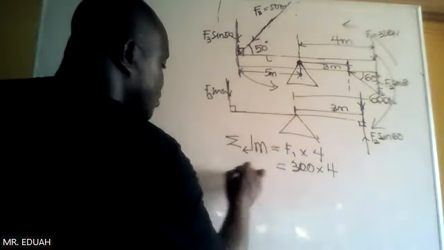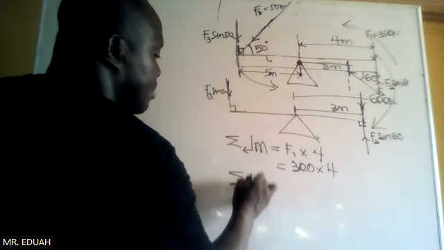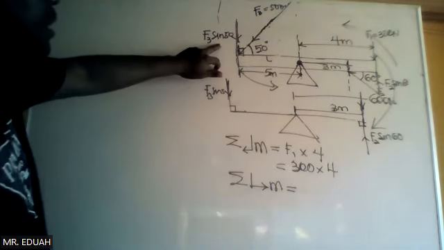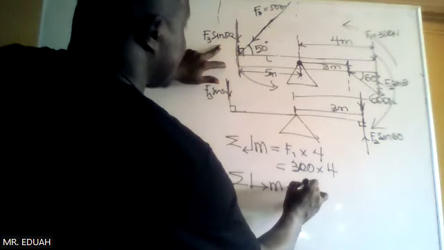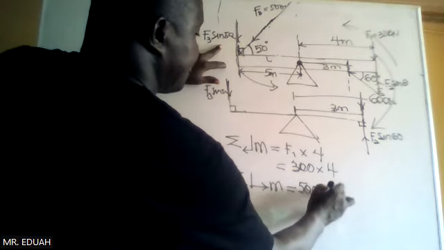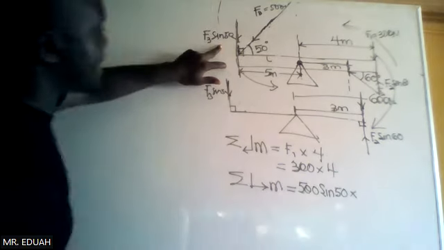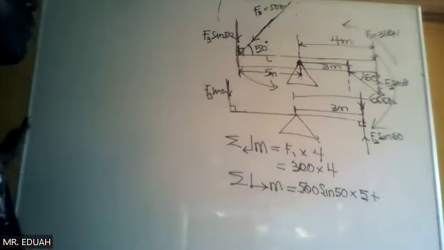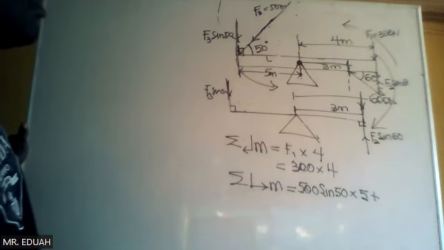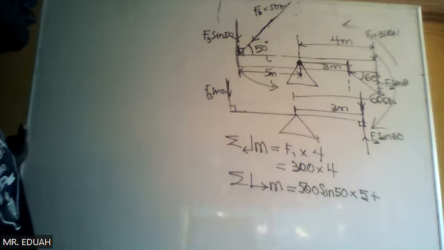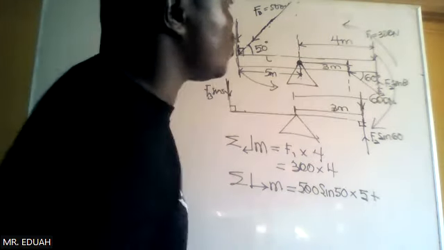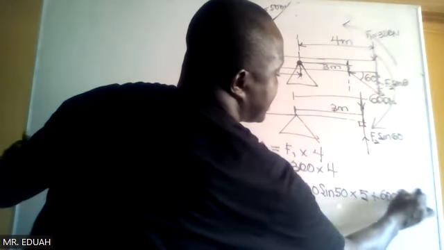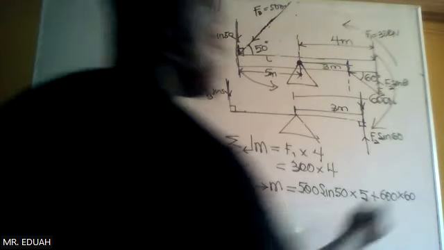Then the sum of anti-clockwise movements will be F3, 500 sine 50 by the perpendicular distance, which is 5, plus the F2, which is 600 sine 60, times 3.